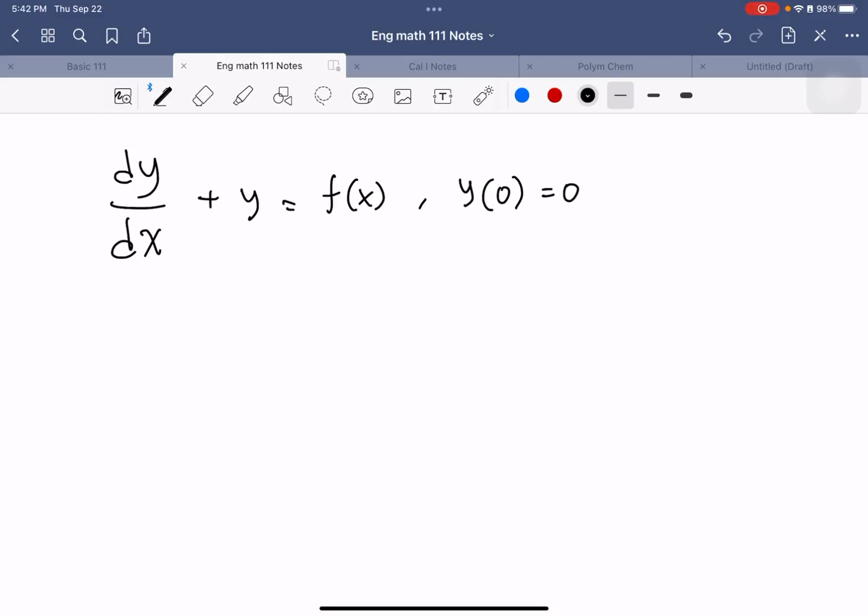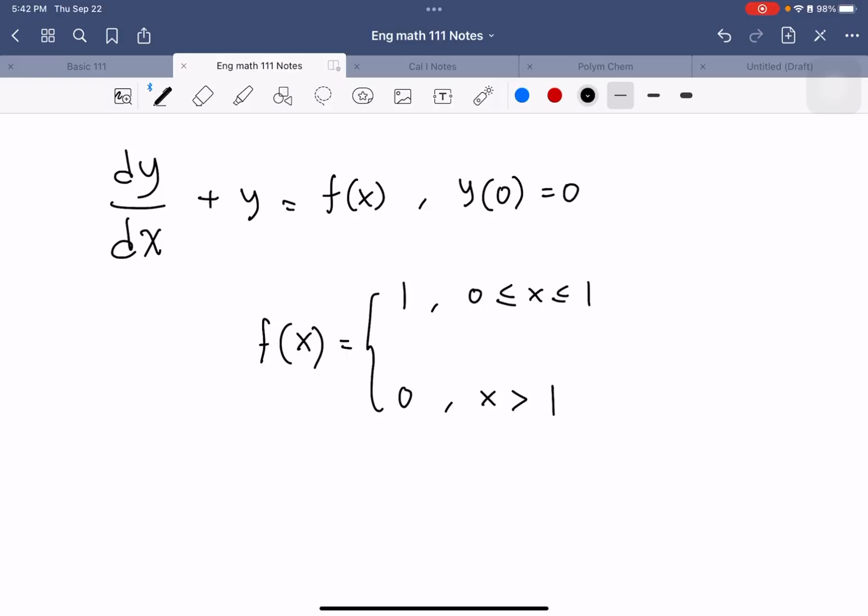And we have another statement that says this f of x will be equal to 1 or 0, depending on the interval. Now, to solve this precisely, we need to calculate these two f of x, and the solutions will also be piecewise solutions.